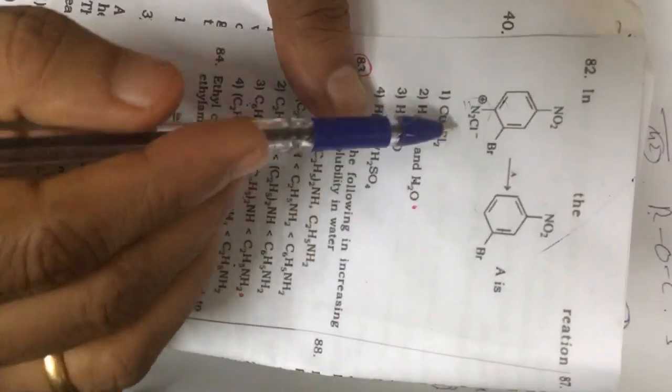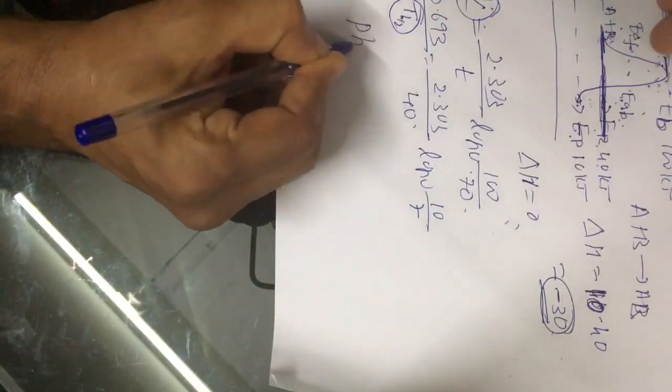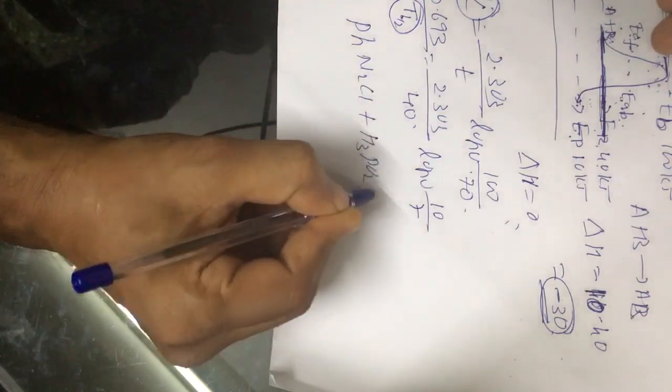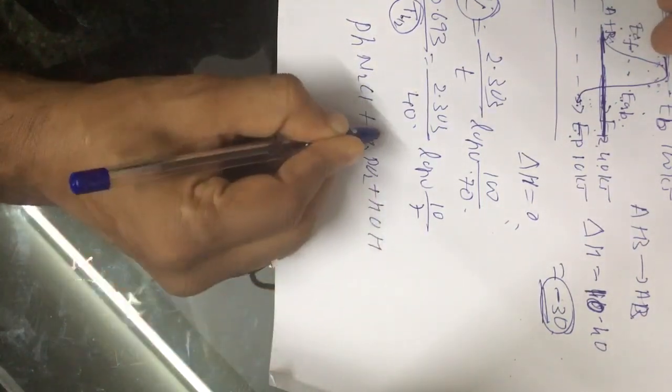Look at question number 82. In question number 82, we want to convert this compound into this compound. That means we want to remove this N2Cl. So the best reagent is H3PO2 and H2O. The reaction that takes place is C6H5N2Cl plus H3PO2 plus HOH.